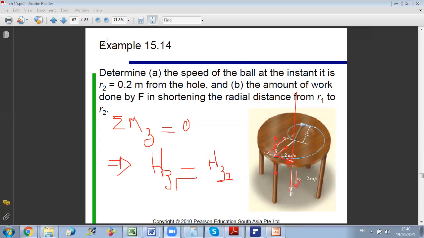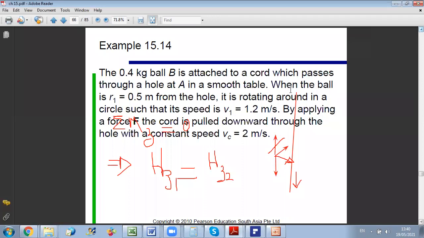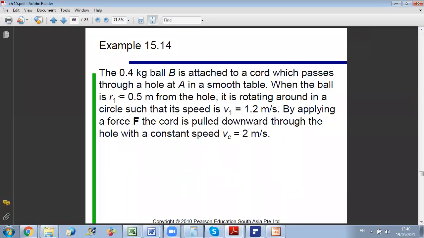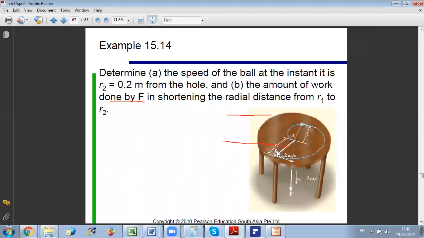So what we know is that R1 is 0.5, V1 is 1.2, and the cord is pulled through the hole at a velocity of 2 meters per second. This is what we know. So if we go back to the figure, at the initial state we can calculate the angular momentum because we know that at the initial state, R1 is perpendicular to the velocity.